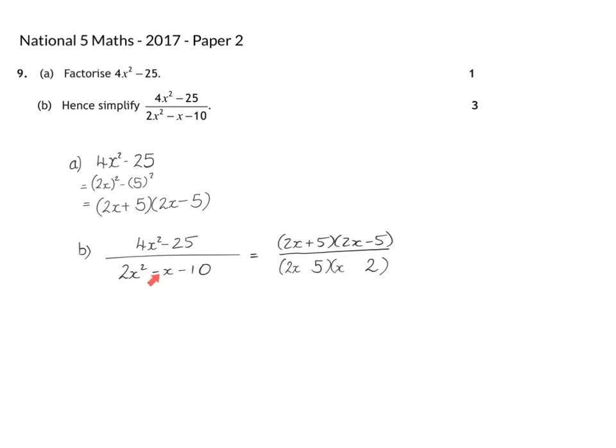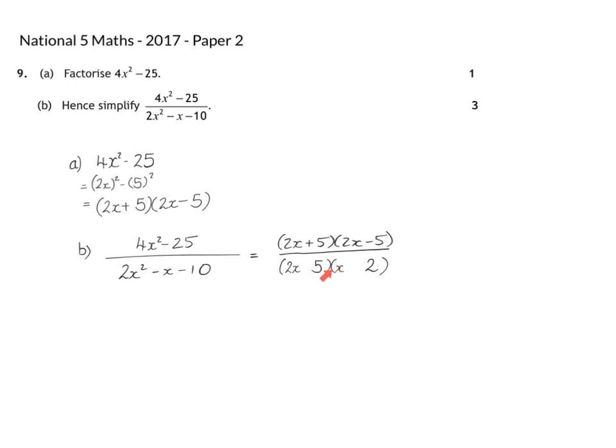If we look at our middle term, it is negative x. So that tells us our larger term when we multiply out is going to have to be negative. Looking at this, we multiply our first one and our last one together, and we get 4x. We multiply our 5 and our x together, and we get 5x. Because the middle term is negative, our bigger one, the 5x, is going to have to be negative.